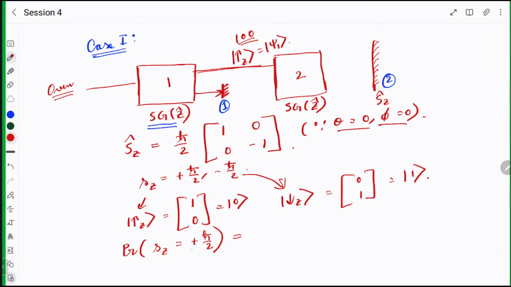And my state is psi 1. So what will I do? I'll just take the component of psi 1 along up z, and mod square. But notice that here psi 1 is nothing but up z itself. So basically we are trying to find the component of up z along up z.